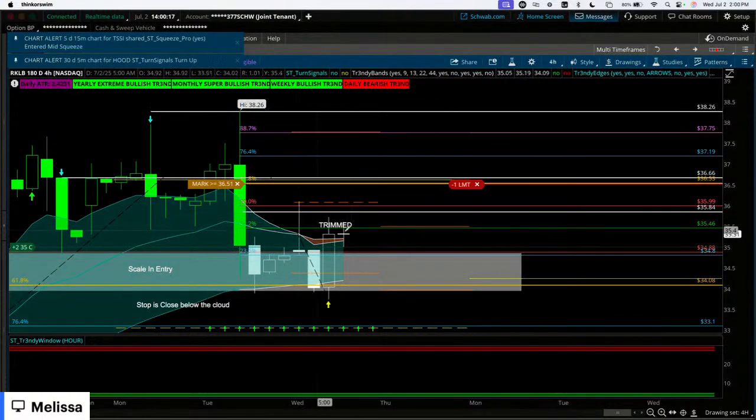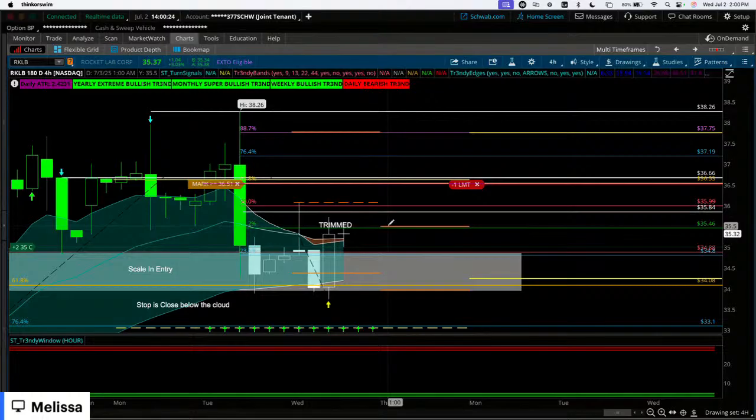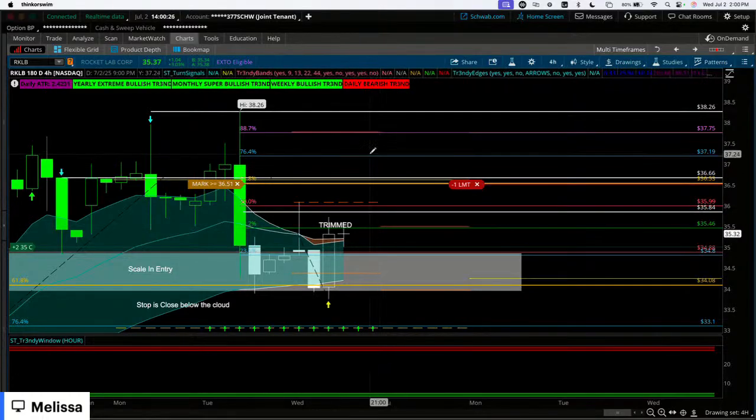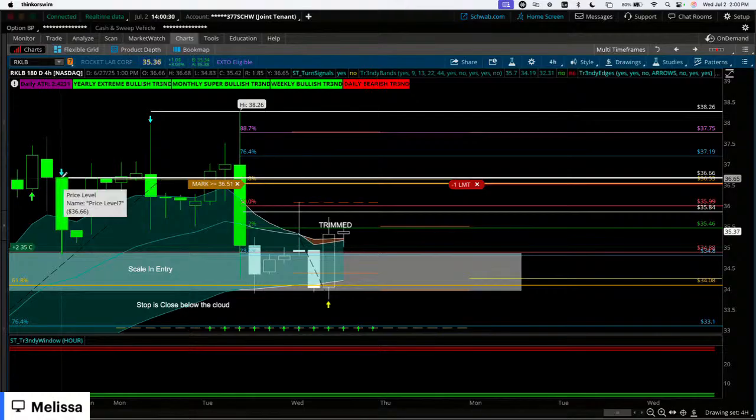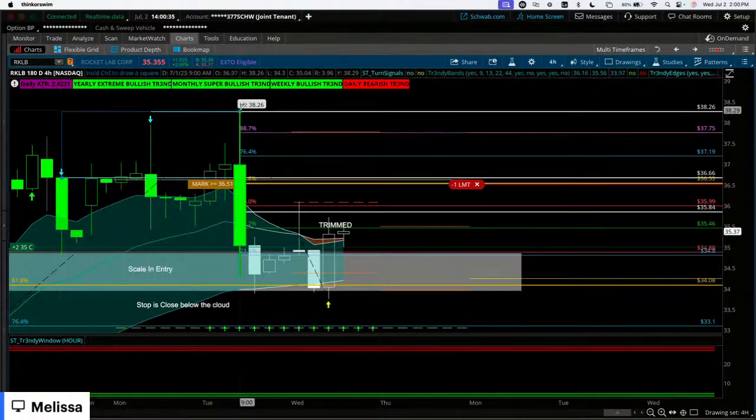So I scale in, I scale out, and I use a combination of Fibonacci levels to scale out as well as trendy edges. And of course, right up here is the supply zone on this name, Rocket Lab.